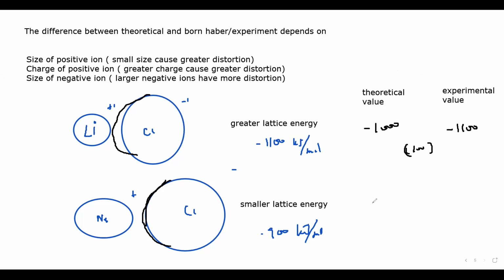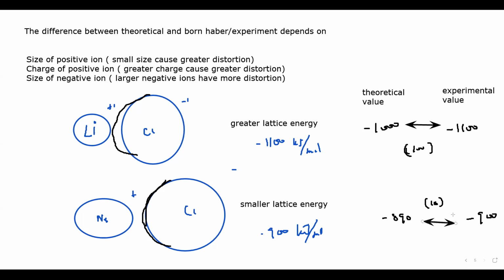Whereas for sodium chloride, say the experimental value is minus 900, then the theoretical value will be minus 890. So they will have a small difference between them. Theoretical will be smaller, and the experimental will be higher. Here the difference is only 10. But for lithium chloride, the difference was greater because there is a greater distortion, which leads to a greater difference between the theoretical and the experimental value of lattice energy.